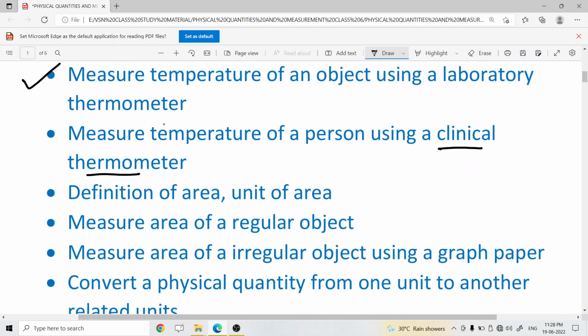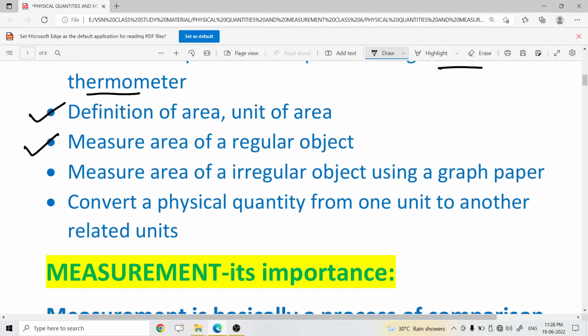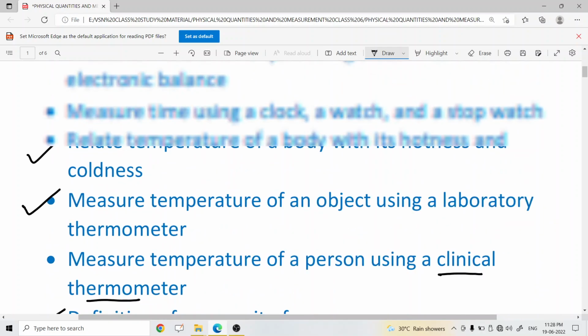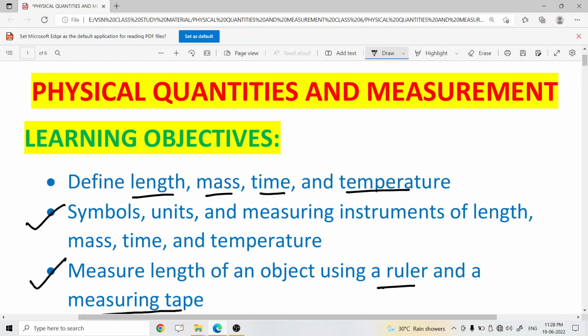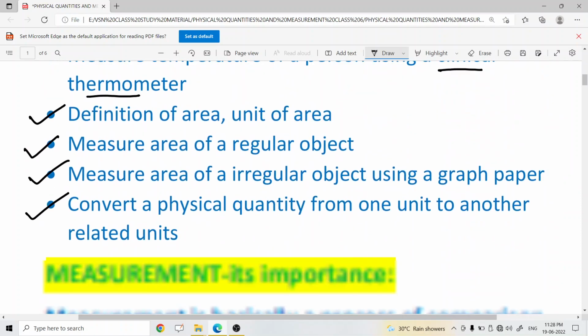And next, definition of area, unit of area, also measure area of a regular object and also measure area of an irregular object using a graph paper. And finally, we have to know how to convert a physical quantity from one unit to another related unit. So these are the learning objectives from this chapter 2.